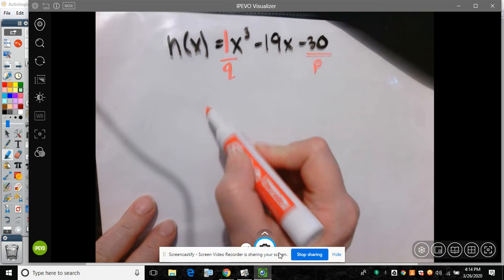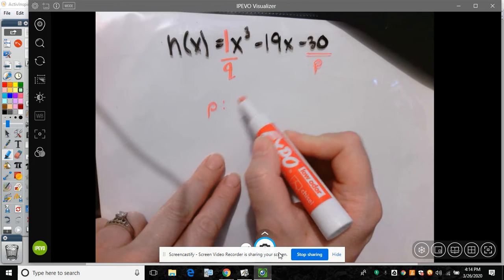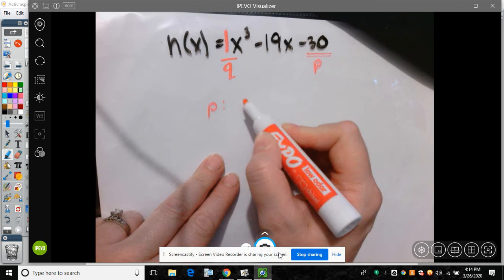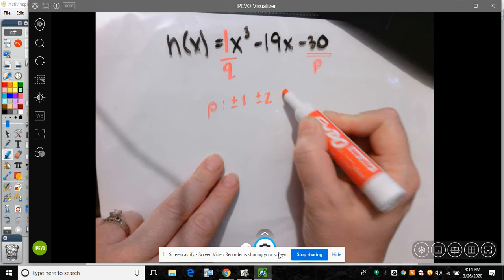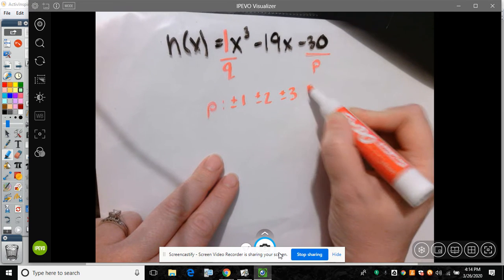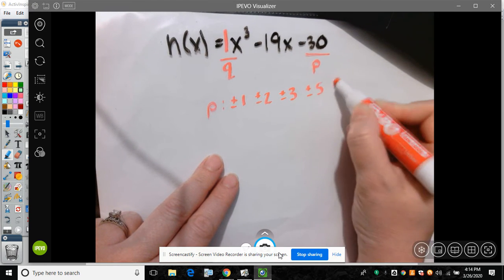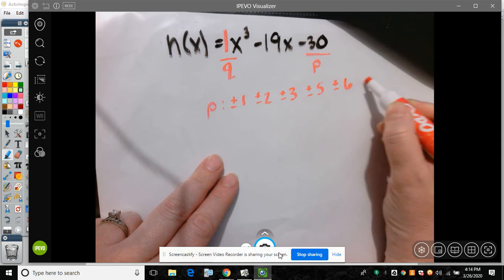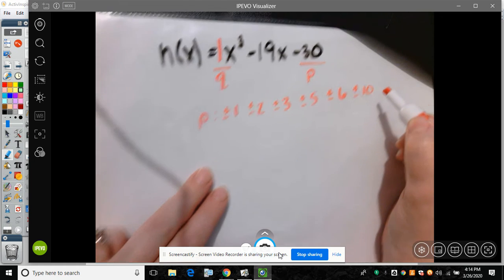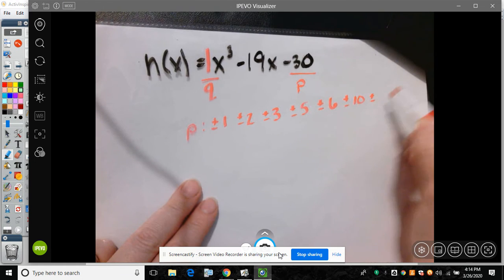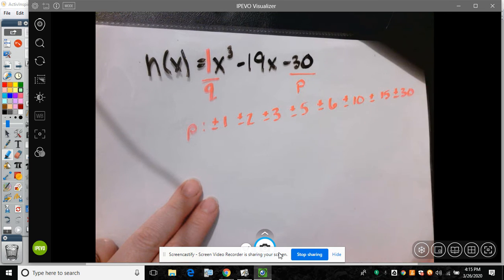So if I write down all the factors of p, that would be all the factors of 30: plus or minus 1, plus or minus 2, plus or minus 3, plus or minus 5, plus or minus 6, plus or minus 10, plus or minus 15, and plus or minus 30.